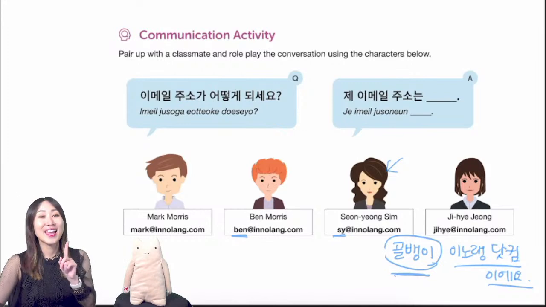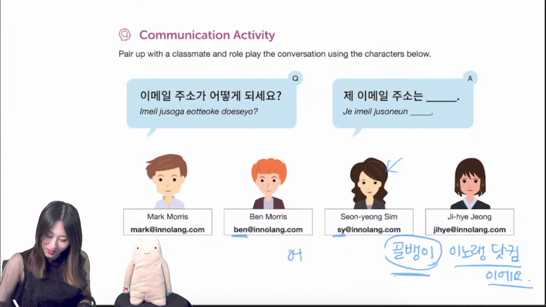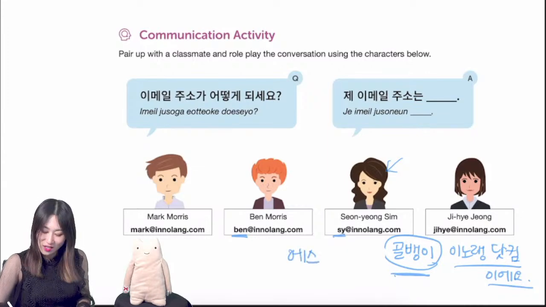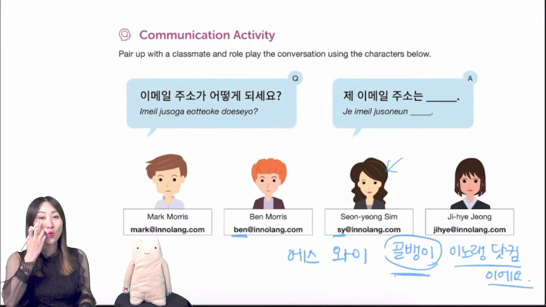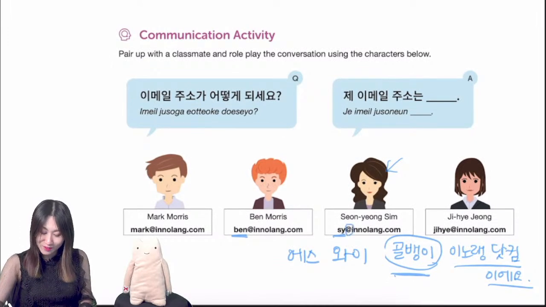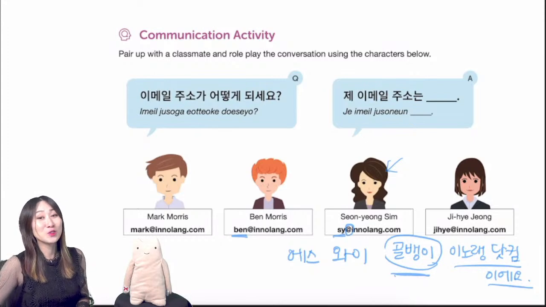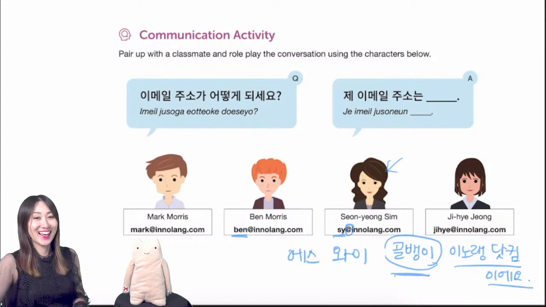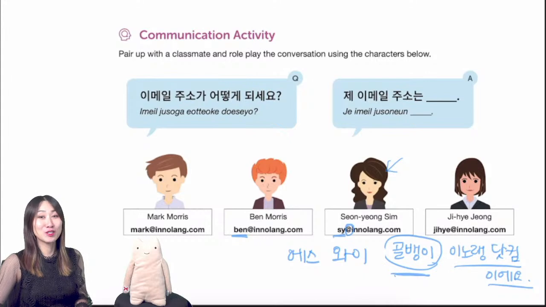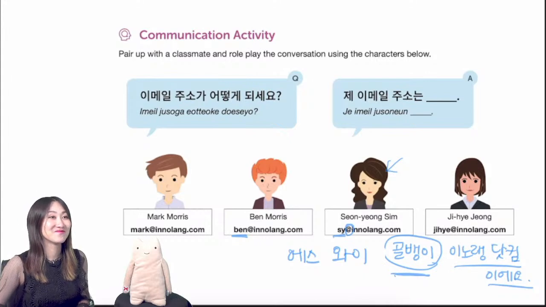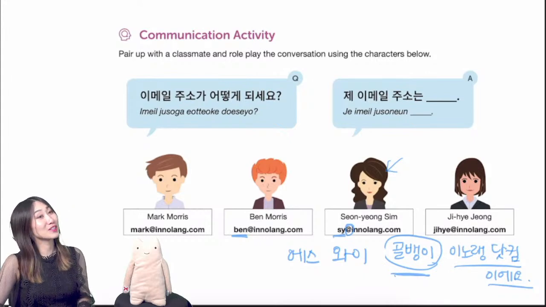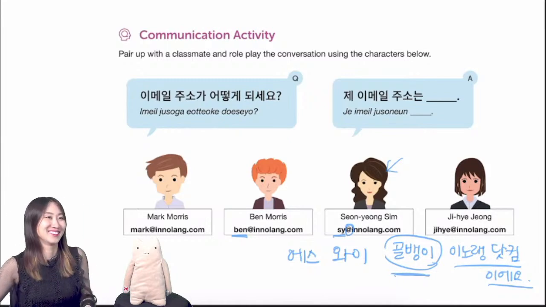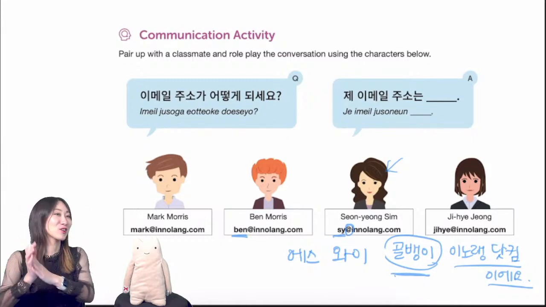So this is S, S N Y. So SY 골뱅이, this is 골뱅이, right? 골뱅이 이노랭닷컴이에요. SY 골뱅이 이노랭닷컴이에요. Because we are focusing on our teacher. That's perfect. 프라티샤 잘했어요. Awesome.